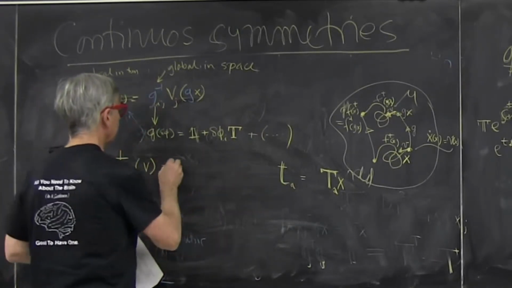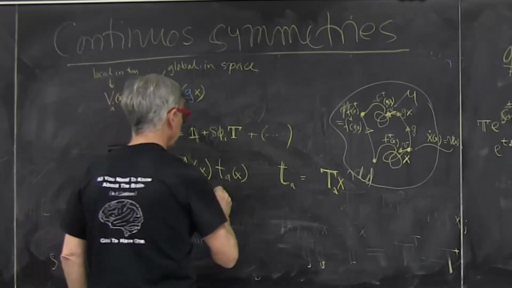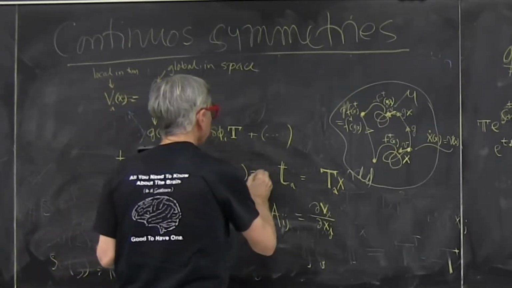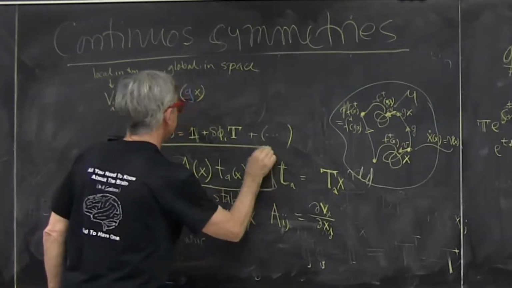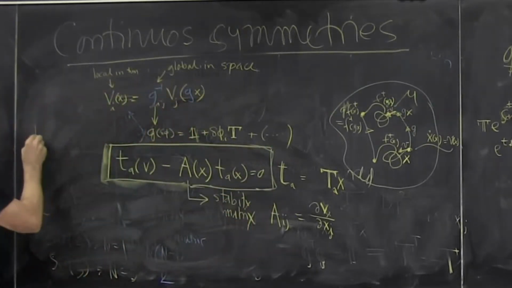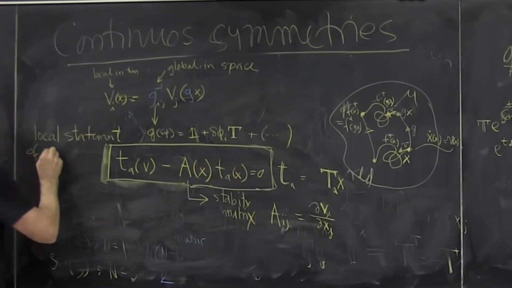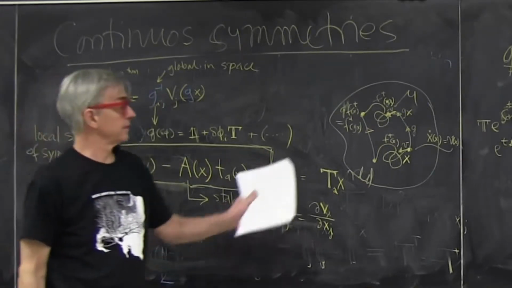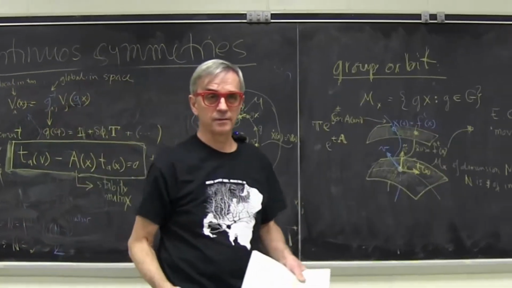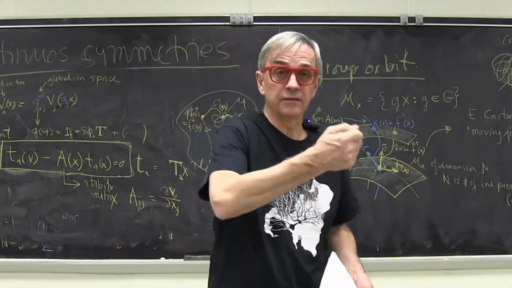So the statement is that minus the sum over A of the stability matrix equals 0. So this is a local statement of symmetry. The global one you understood, this picture you understand really well. I do this, and then I rotate, or I rotate and do this.